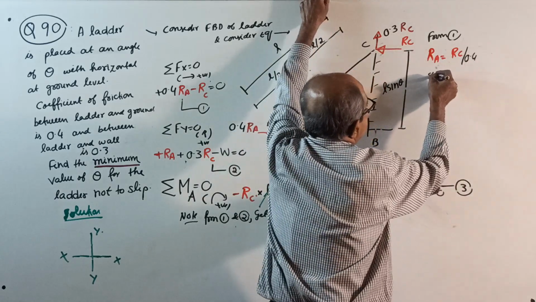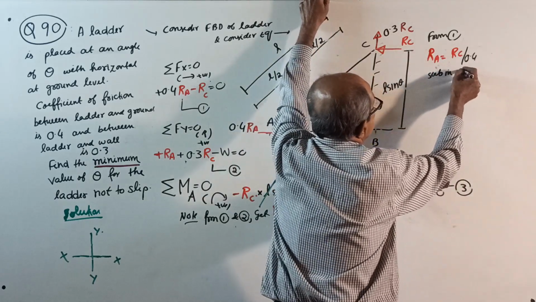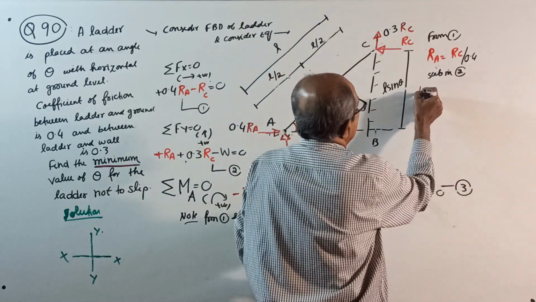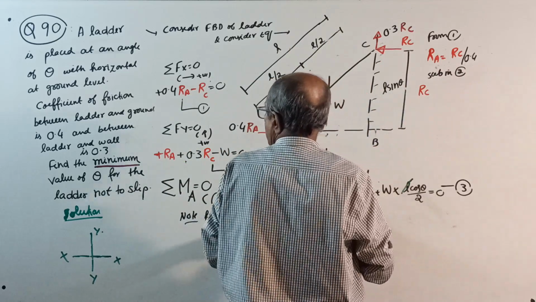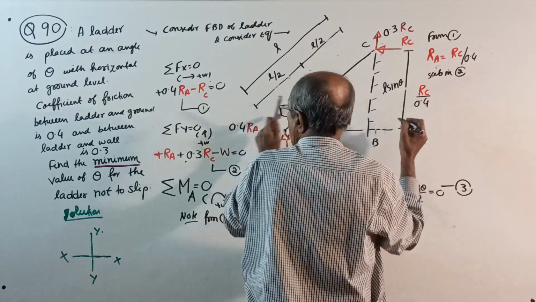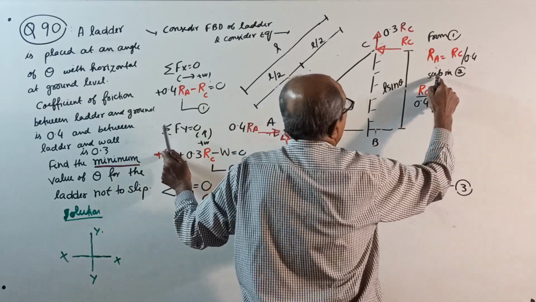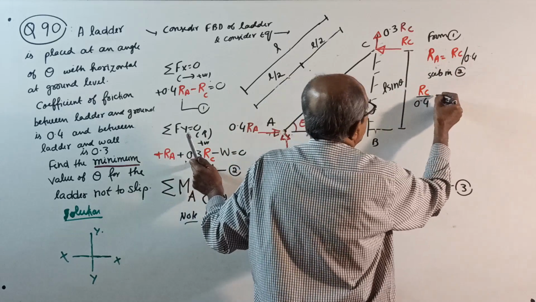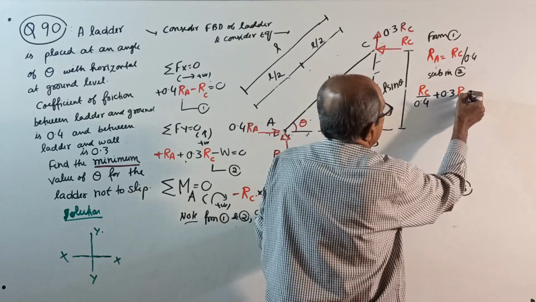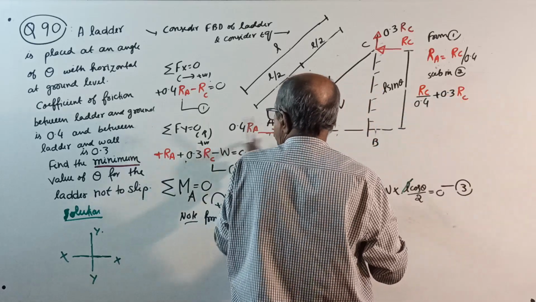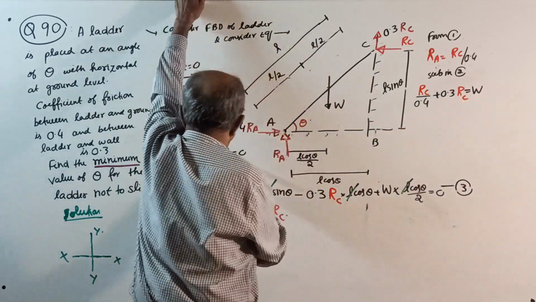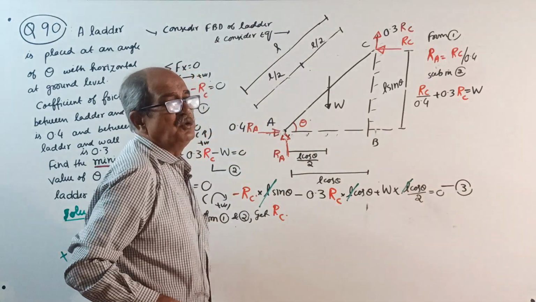Then substitute in equation number 2. What do you get? RA equal to RC by 0.4, so RC by 0.4 plus 0.3 RC equal to W. You can take W to that side, or minus W equal to 0.